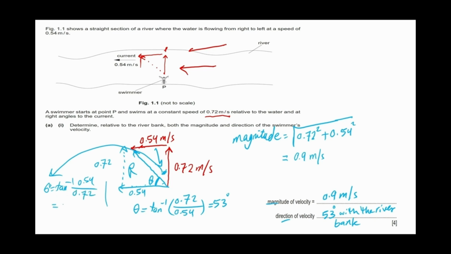From this, you can say that it equals about 37 degrees, but this is with the vertical. With the horizontal, the angle we need to get equals 90 minus 37 equals 53 degrees.